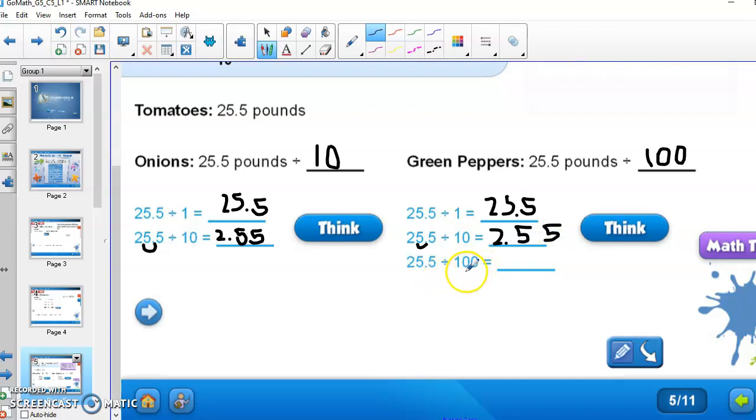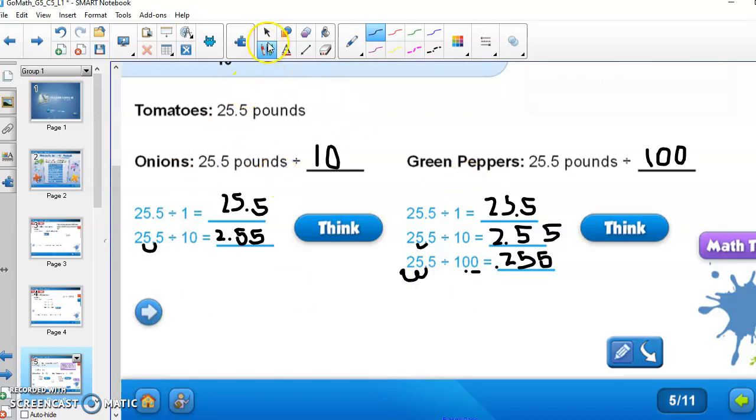But now when I divide by 100, notice I have 2 zeros in my divisor. So I'm going to move that decimal to the left 2 times. So my answer is going to put the decimal in front of the 2, and it's going to give me 0.255. Excuse my sloppy handwriting.